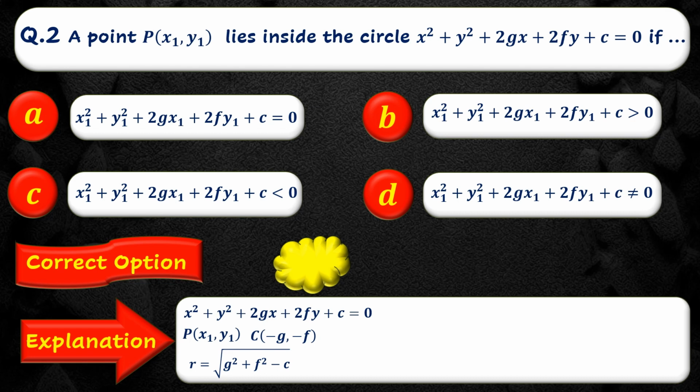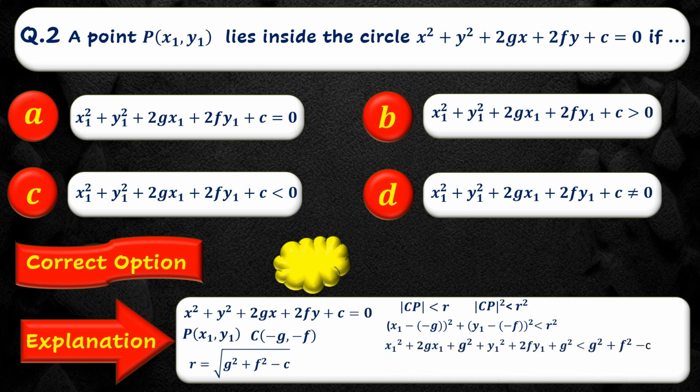Now, we know that the point lies inside the circle if the distance between center of circle and point is less than radius. We apply a distance formula for 2 points and put value of r, and we get this relation.